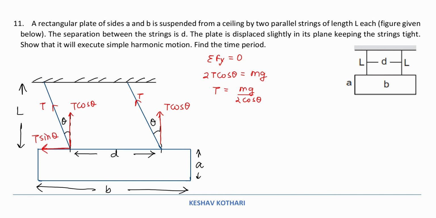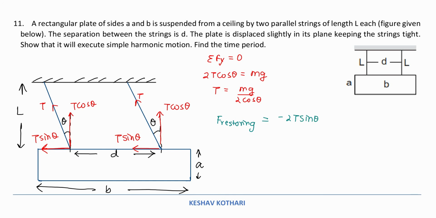and this one which is T sine theta. So the combined effect of 2T sine theta is going to act as a restoring force. So over here I can write that F restoring is minus 2T sine theta, which will try to bring the rectangular plate system back to its original position.